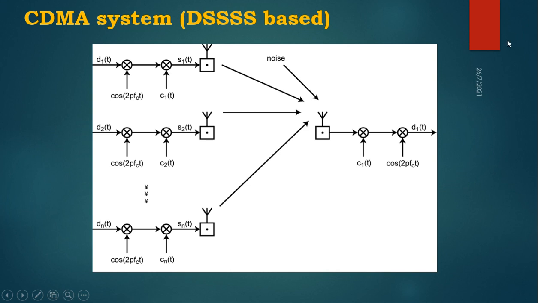For that reason, the receiver should be aware of the different code words used by the different stations. If the receiver is aware of all the different code words used by the different stations, then there is no issue: the receiver can determine which station the data is coming from and what the data is. That is the major role of the receiver.